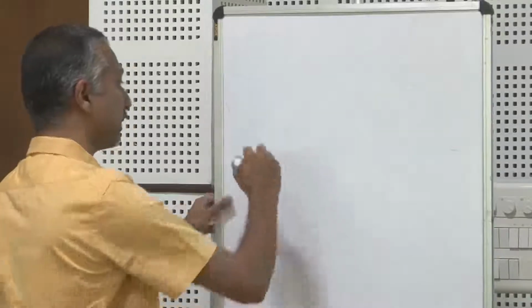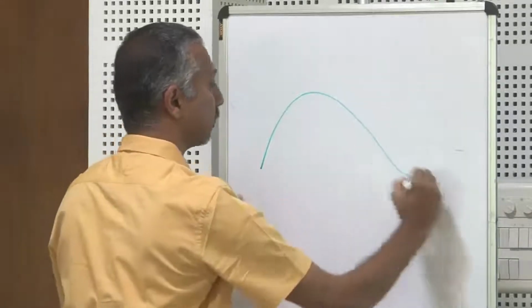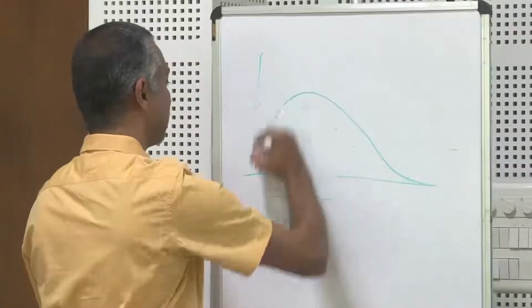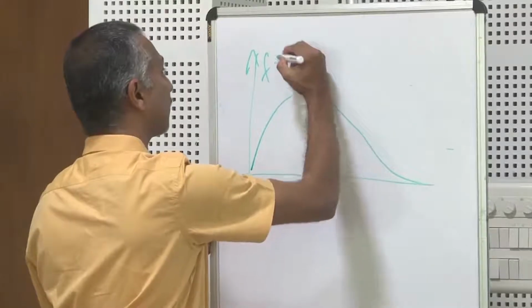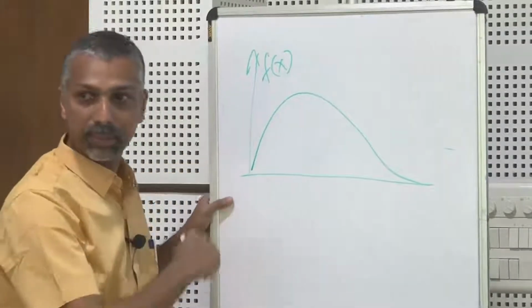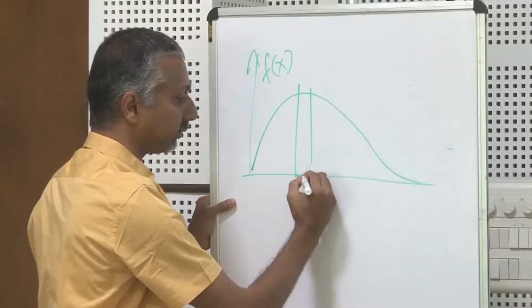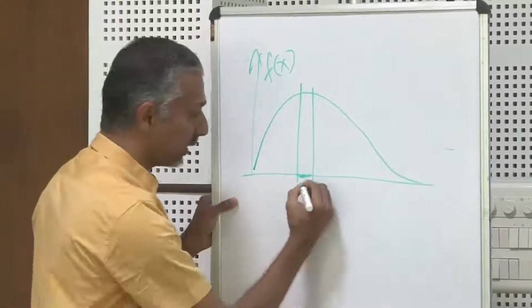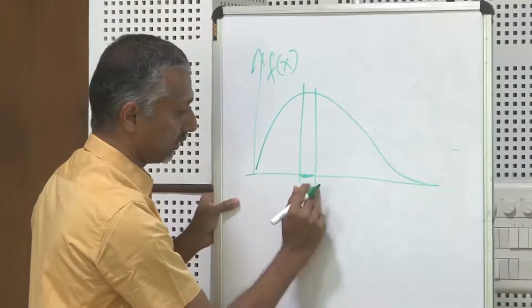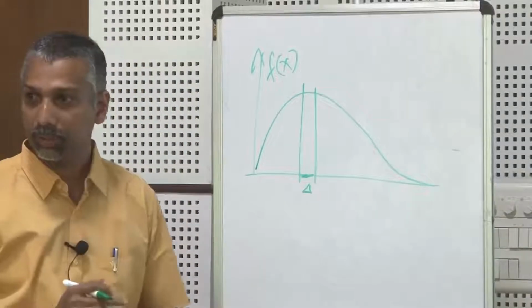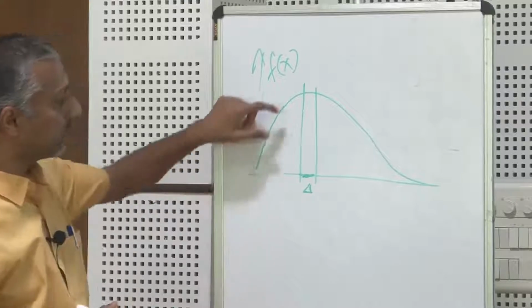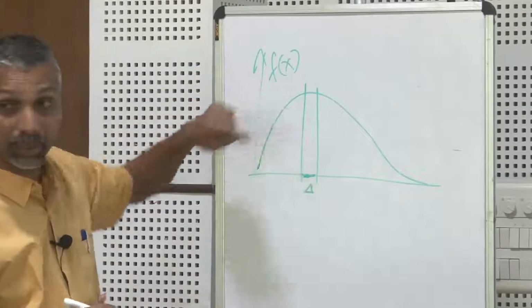So, let me just draw some picture. This is easier. This is our f(x). So, I quantize. Suppose this is one quantization, and we said the unit is delta, uniform quantization is what I am taking. What is the probability that your x falls into this interval?